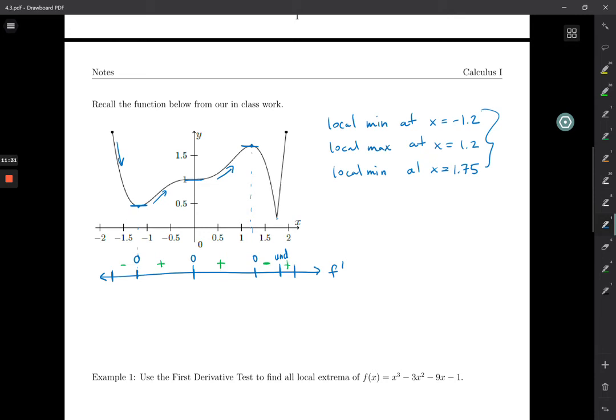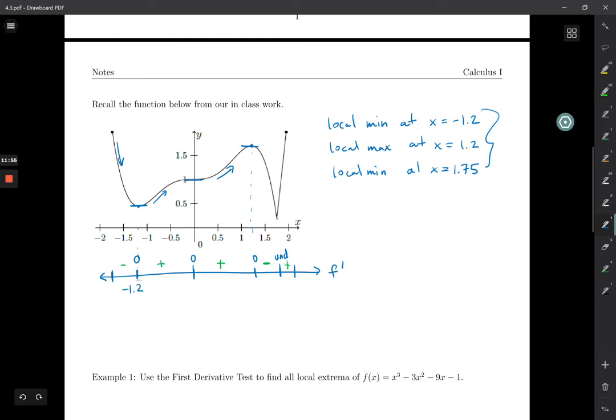Okay, now we can look at this and use the first derivative test to try to figure out where there are local maxes and mins, right? So just focusing on the first critical point right here, the function does change from negative to positive. So let me go ahead and label these with the x values as well, so that it's a little bit easier to read it off from here.